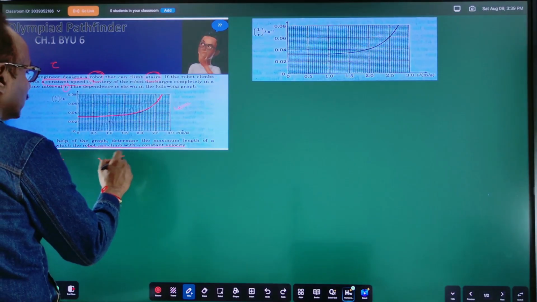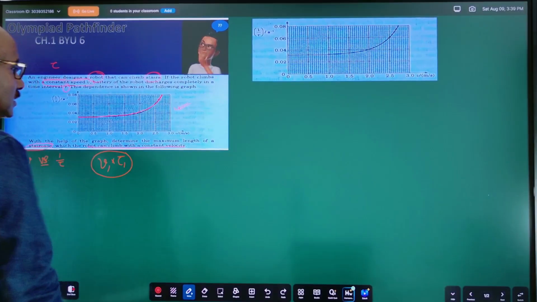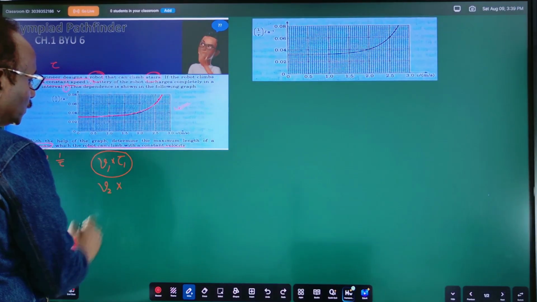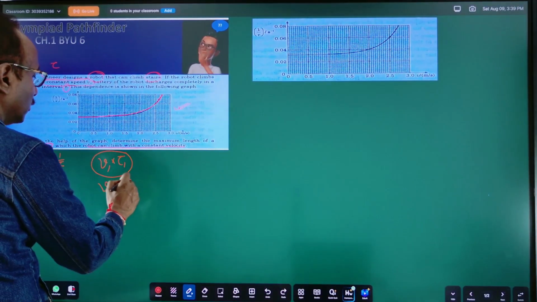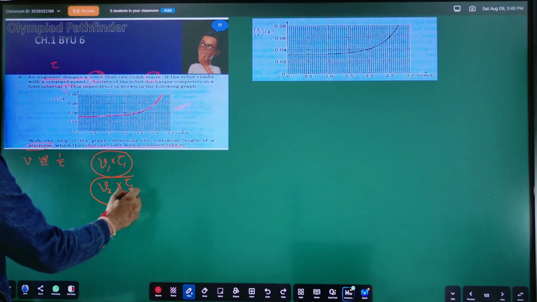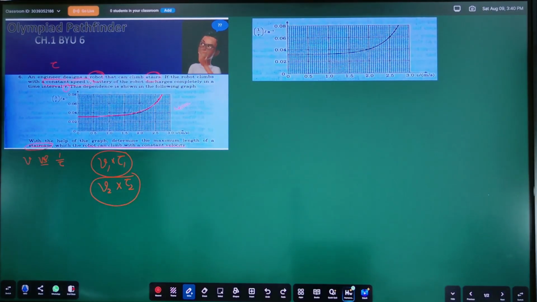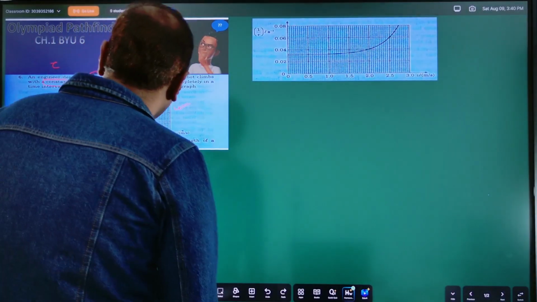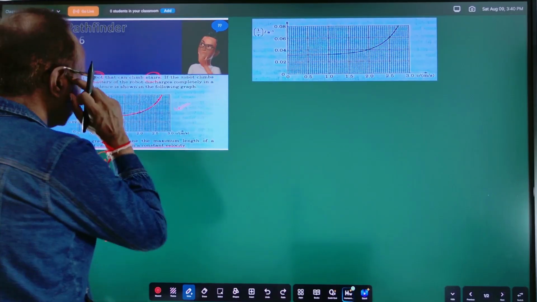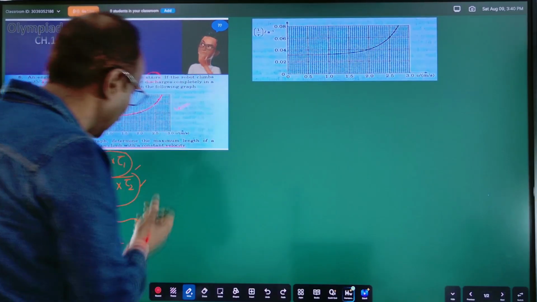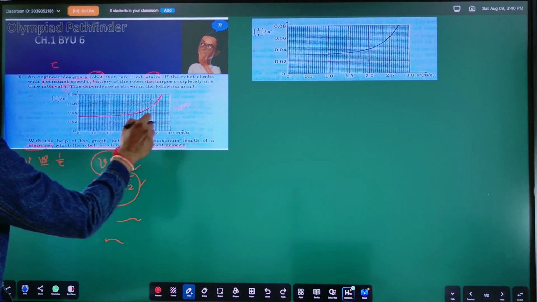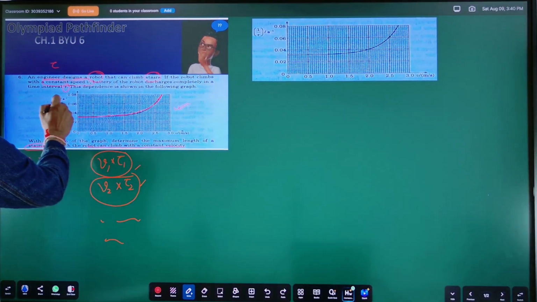So v1 into tau 1 will be the distance covered. Same way, if it is going with a constant velocity v2 and tau 2 is the total time taken, then v2 into tau 2 will be the distance covered by the robot, like that. And this is what has been drawn on the graph. But instead of velocity versus tau, it has been given velocity versus 1 by tau.